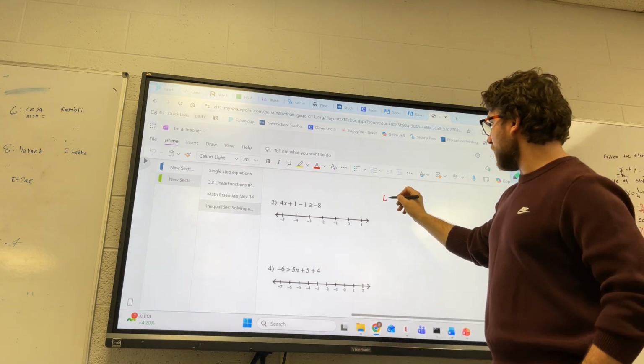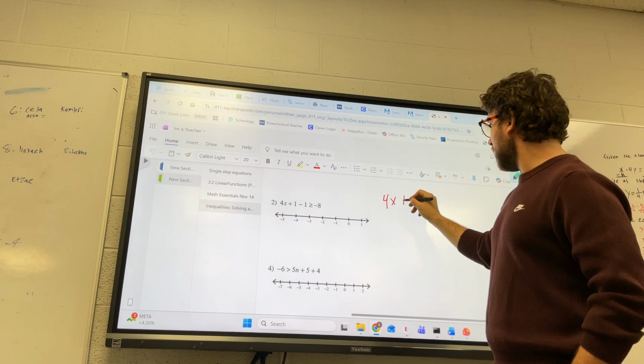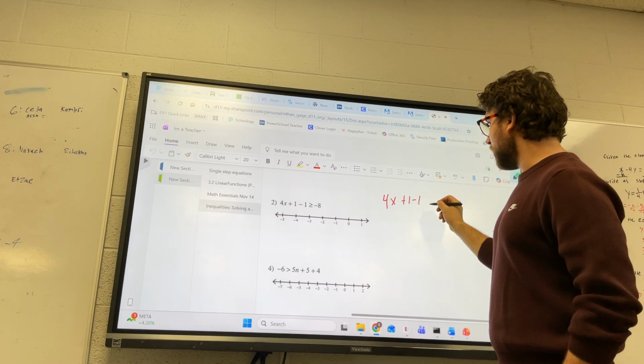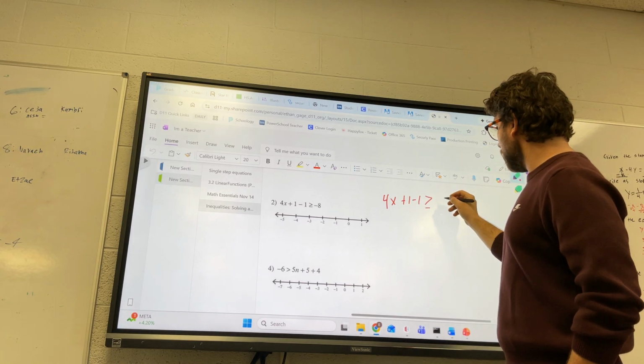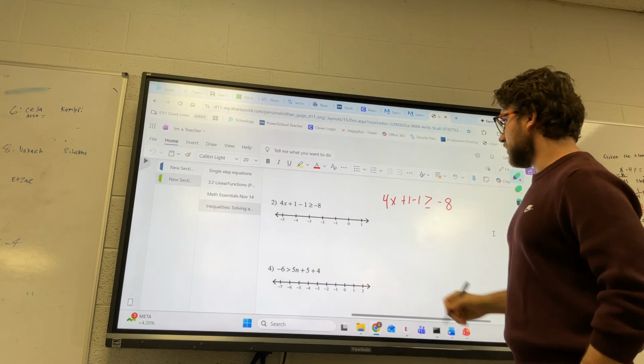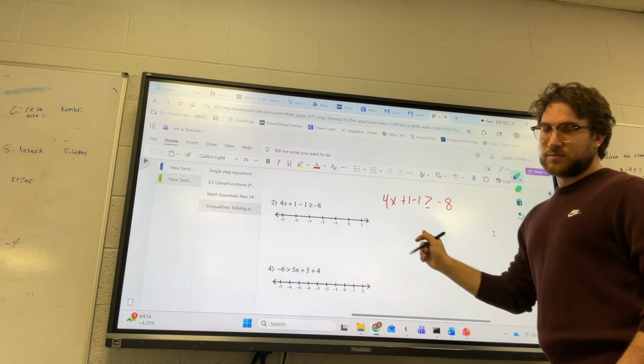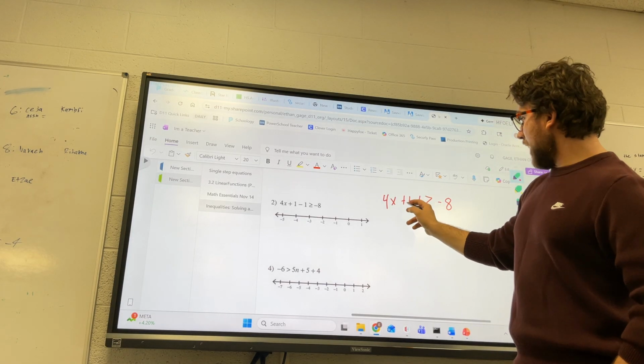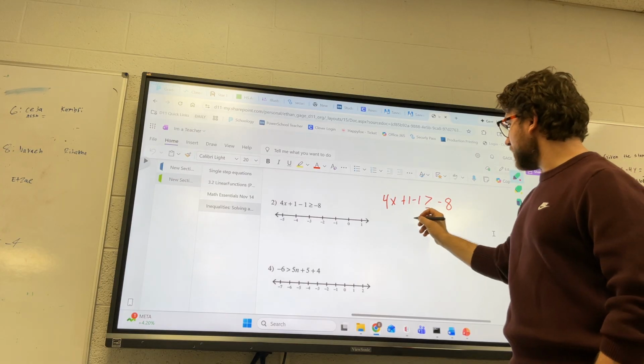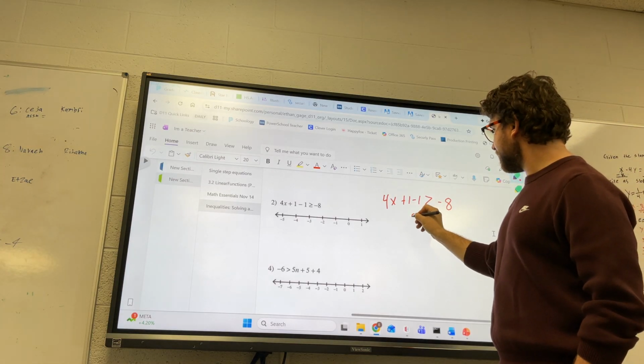We have 4x plus 1 minus 1 is greater than or equal to negative 8. First thing I'll do is we have a 1 minus 1, that's going to be 0.